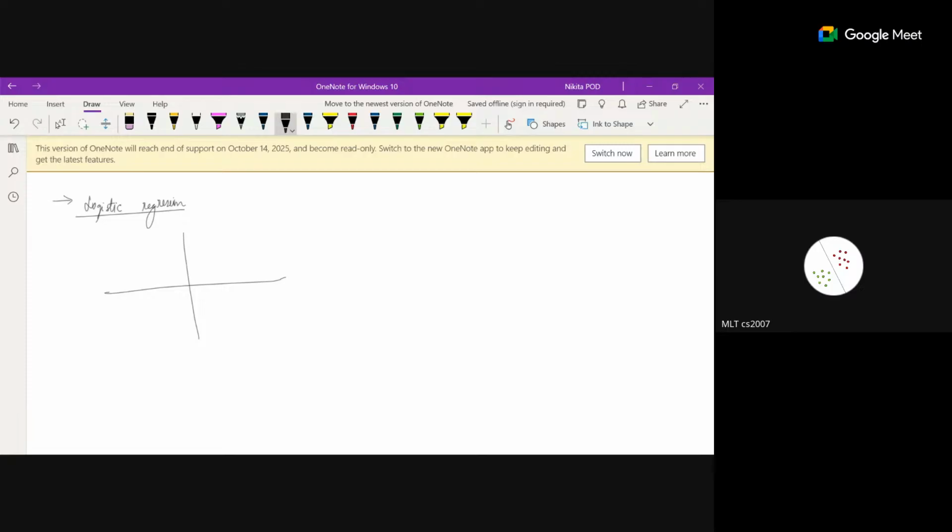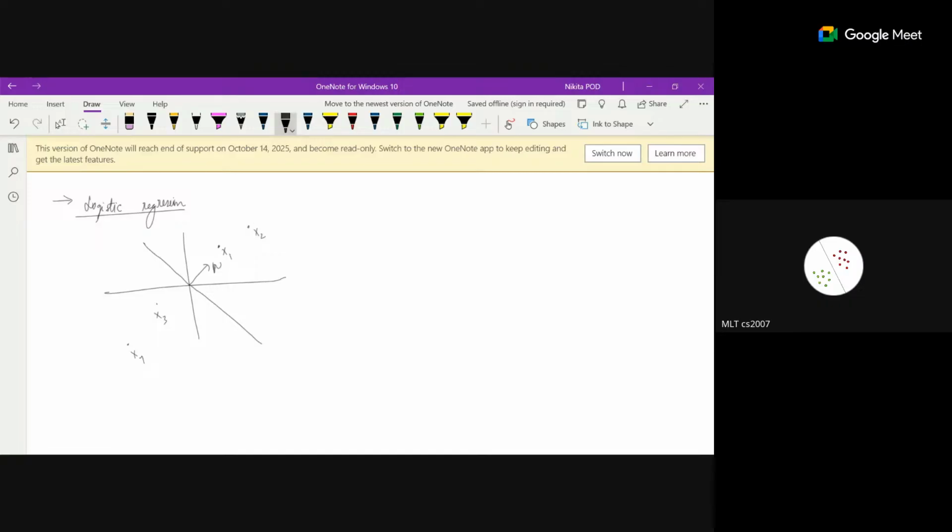So in logistic regression, the idea is that whatever W we choose, let's say this is my W and this is my decision boundary. Suppose I have data points on this side and on that side.